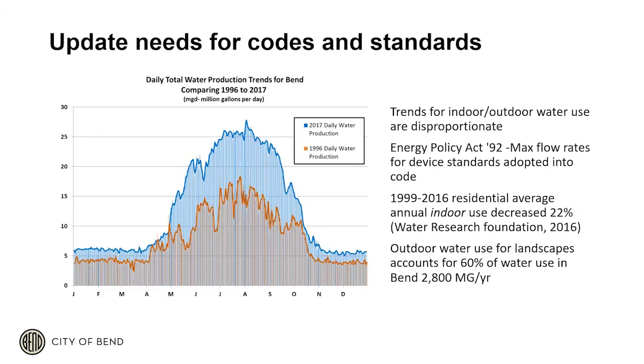Dan? Cool. Thanks, Aubrey. So as we start diving into the landscape realm, I just wanted to highlight some more information on why we're doing this, and what the implications are with water use in our landscapes. We'll start with the graph there.